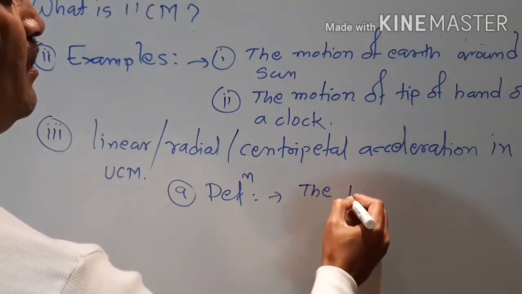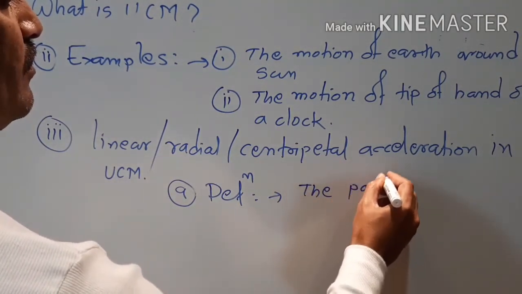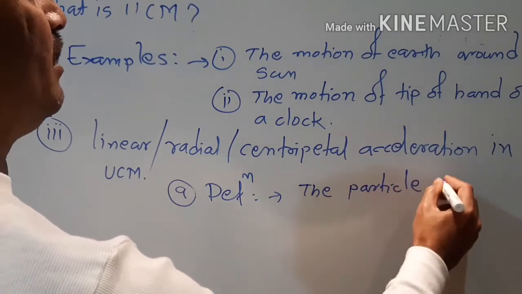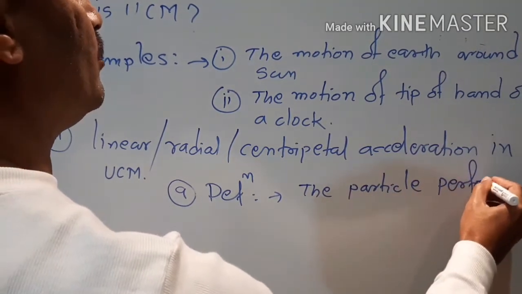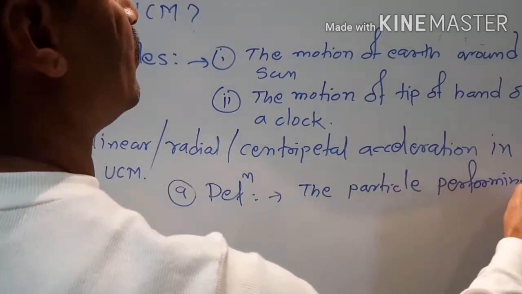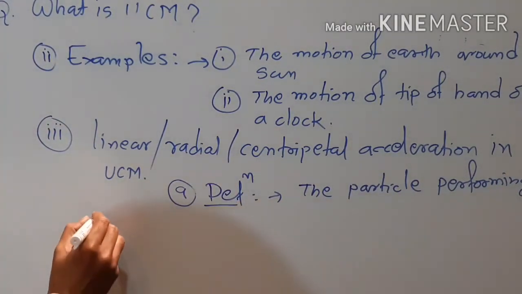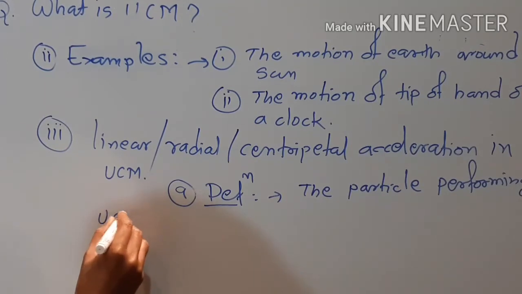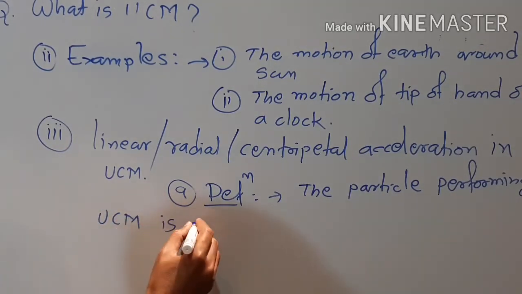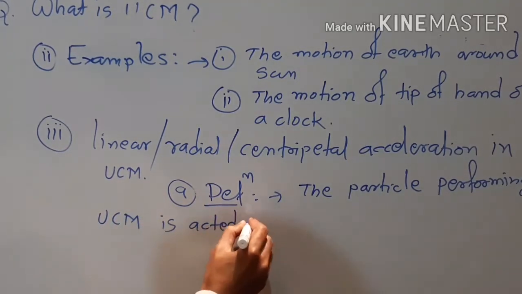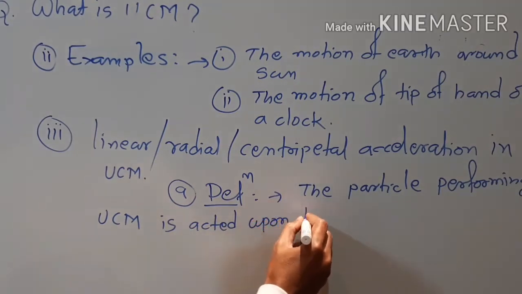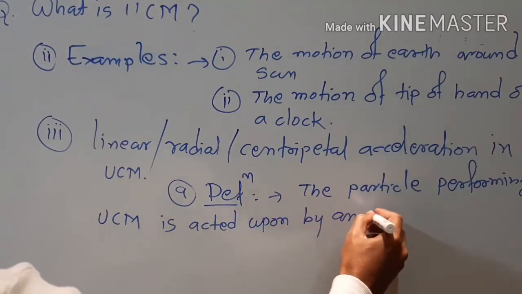The particle performing uniform circular motion, or write down UCM, is acted upon by an acceleration.